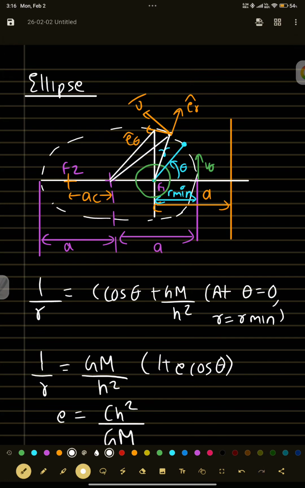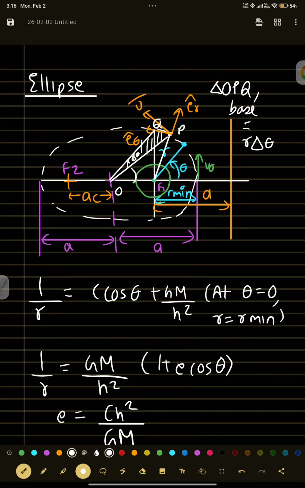Let's say in triangle OPQ the base is R delta theta. I am just taking an arbitrary R at some theta. I am trying to find the area swept out by the line segment joining the earth.